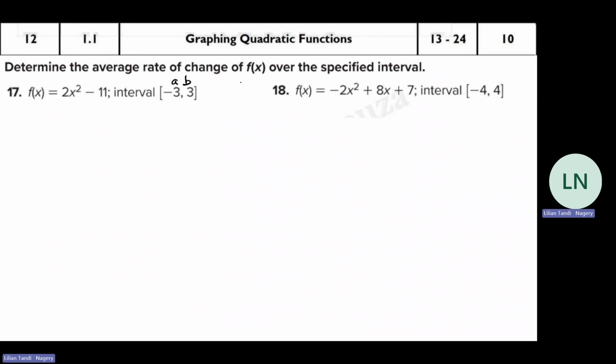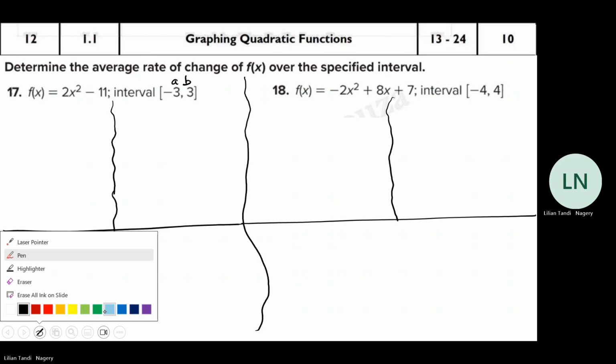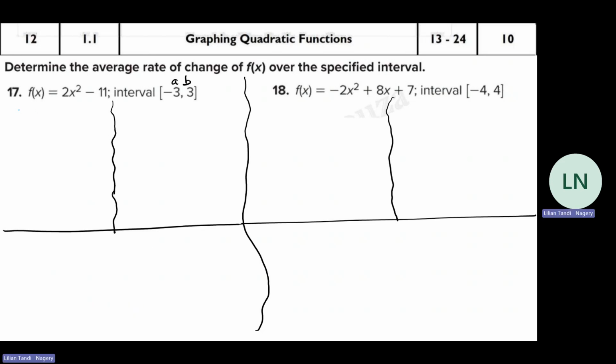This is A, this is B. Okay. What do we want? F of A is 2 times negative 3 squared minus 11.